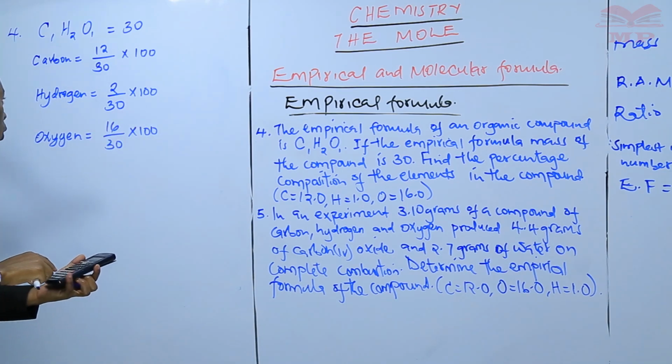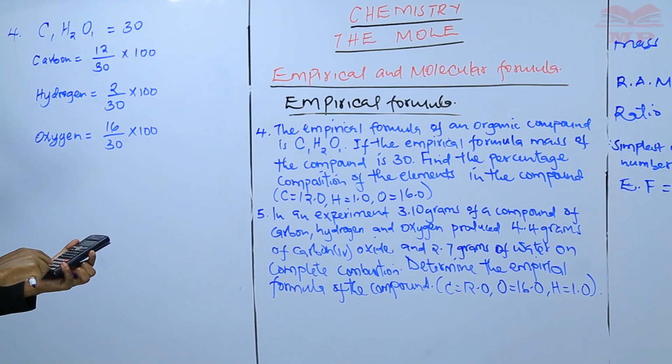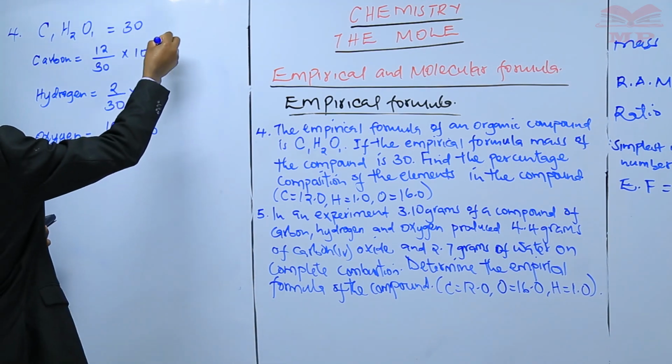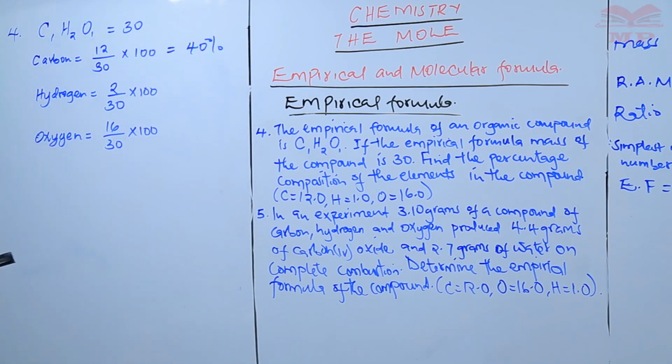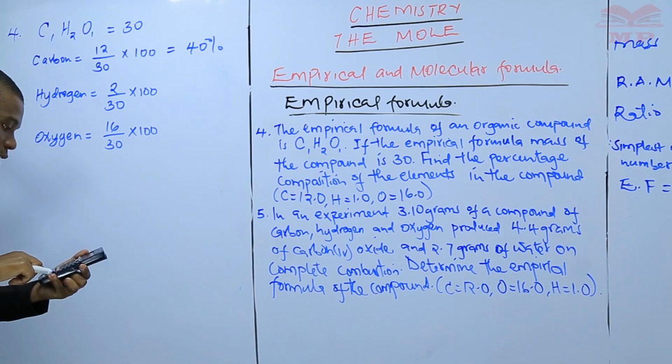So the mass of carbon will be 12 divided by 30. This gives you 0.4. When you multiply 0.4 by 100, then you get 40%. So 40% is the percentage of carbon in that compound. Next is hydrogen.